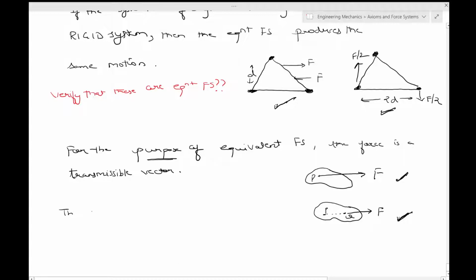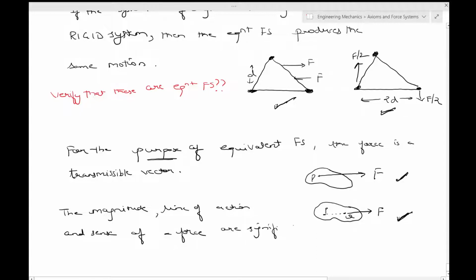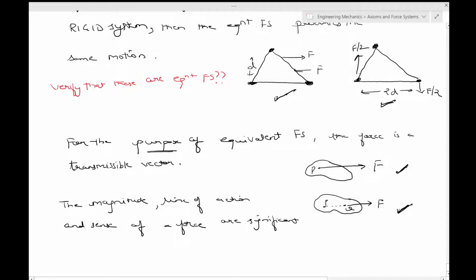The magnitude, the line of action and sense of a force are significant for its effect on motion of a rigid body.